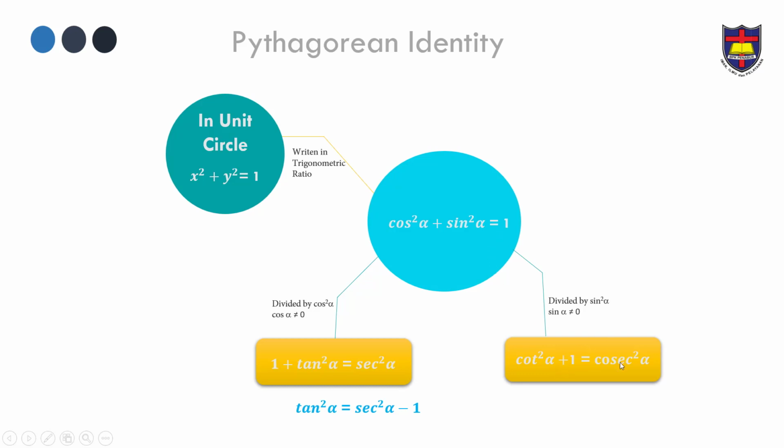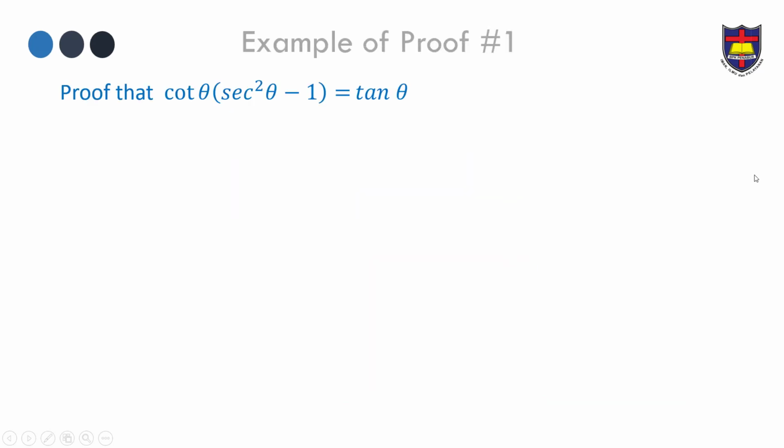And 1 divided by sine square alpha becomes cosecant square alpha. Same here, we can make cotangent square alpha equals cosecant square alpha minus 1 if you need the formula for cotangent square alpha. So, with all these identities, later we will have to prove identities.